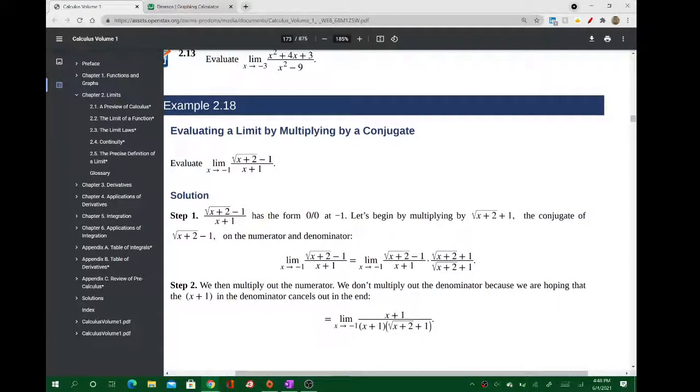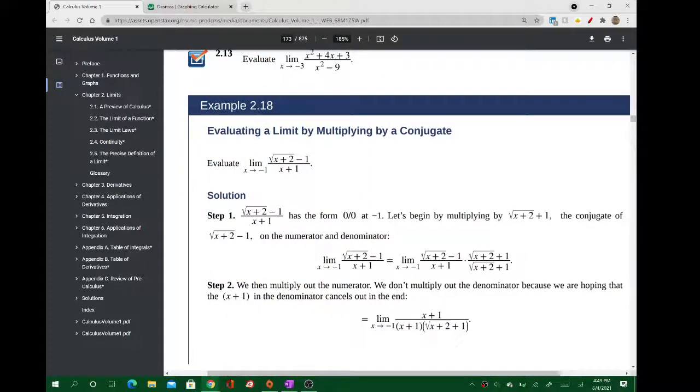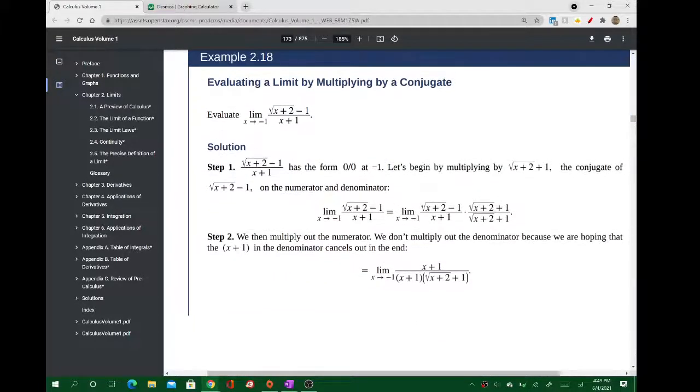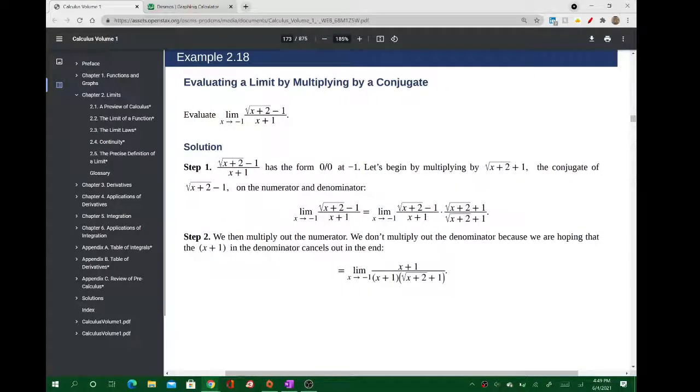This one says evaluating a limit by multiplying by a conjugate, right? So obviously when they do direct substitution, it gives them 0 over 0. So what they have to do now is multiply by the conjugate. And let me actually work this one out.